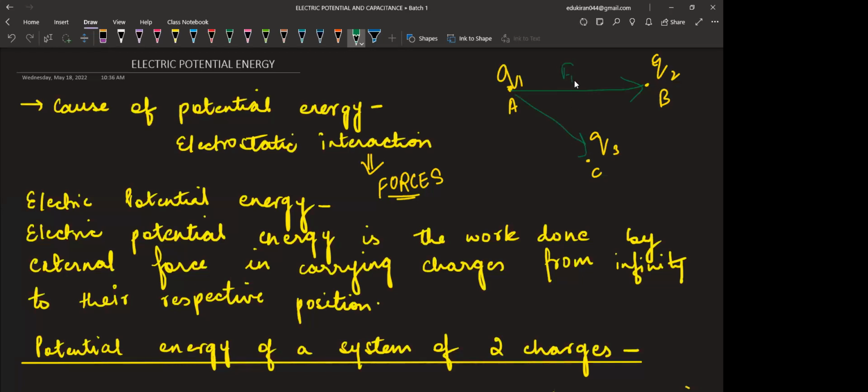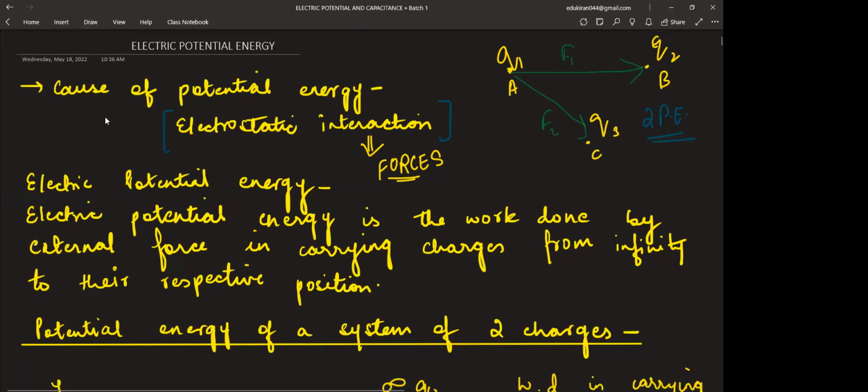So there is one force possible, a second force possible. As a result, there can be two potential energies possible in this case. This is what is meant by electrostatic interaction. The cause of potential energy is ultimately the electrostatic interaction.